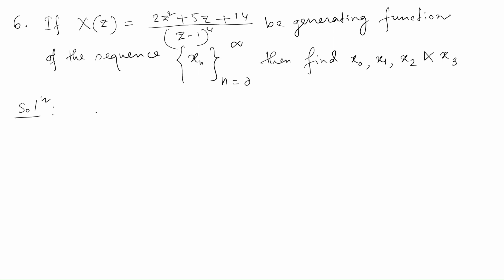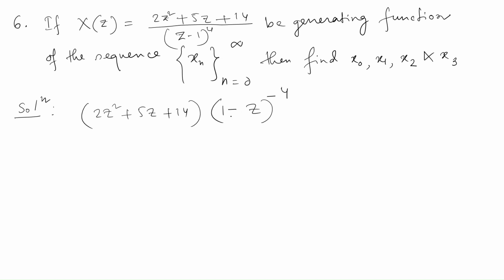We can write this as 2z square plus 5z plus 14 multiplied by (1 minus z) power minus 4.